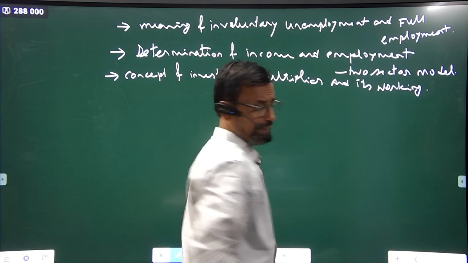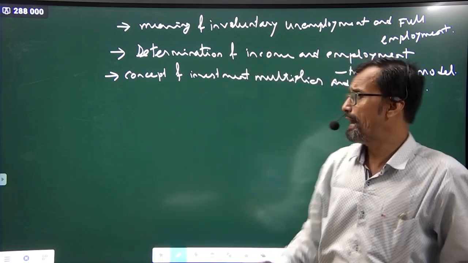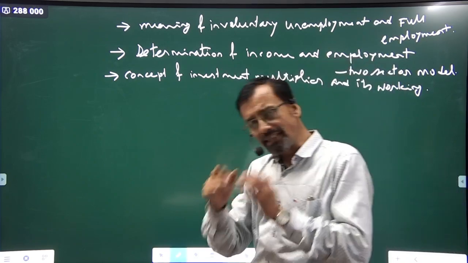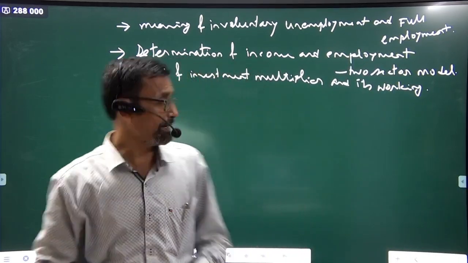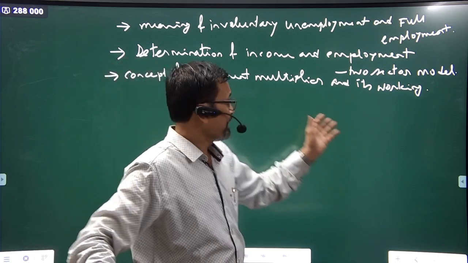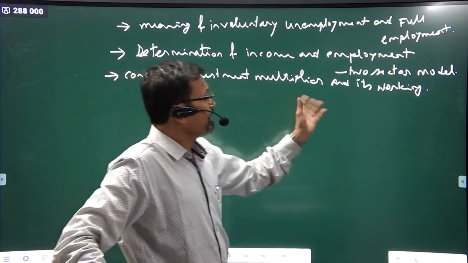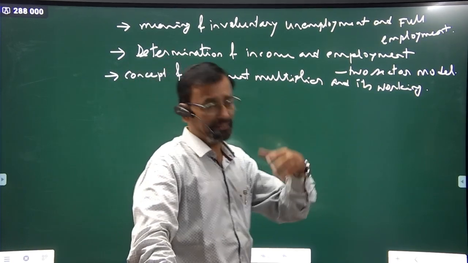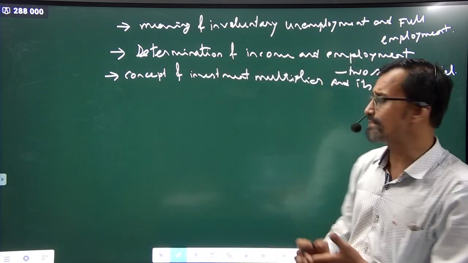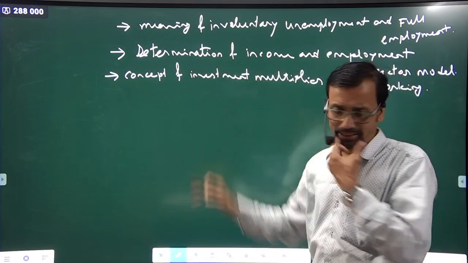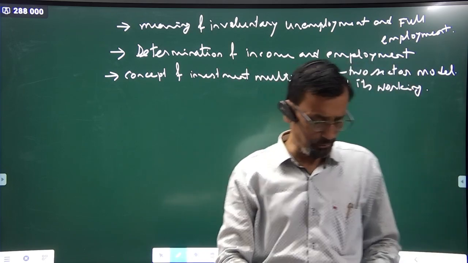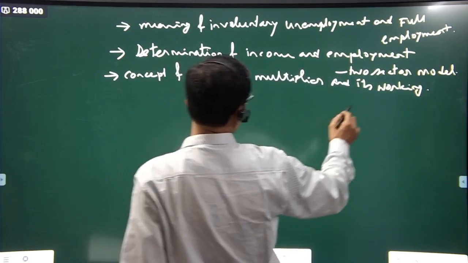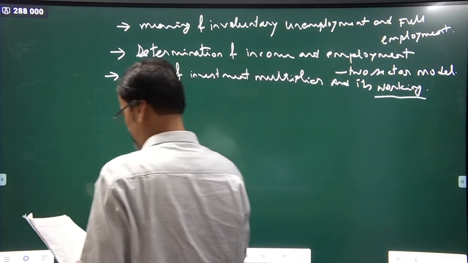That is, the multiplier shows basically at what times income will increase due to the increase in investment. This one is the multiplier. So how it works, we have to understand here, its working also.